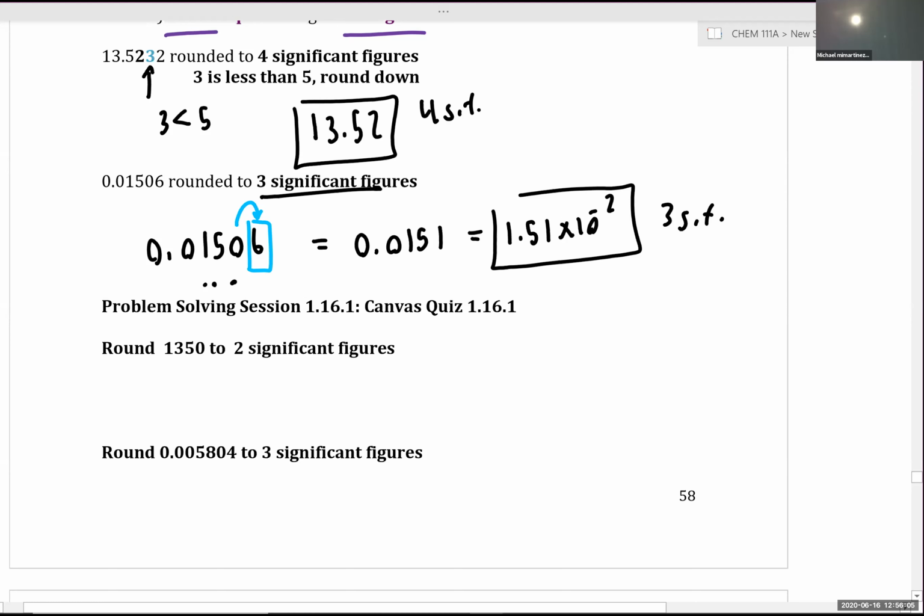And we'll discuss in about a minute and a half. And remember, when rounding, you should still reflect the magnitude of your measurement. You may have to write some of these numbers in scientific notation.